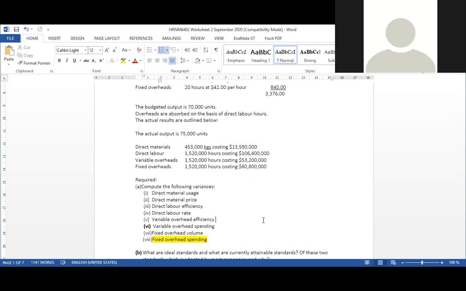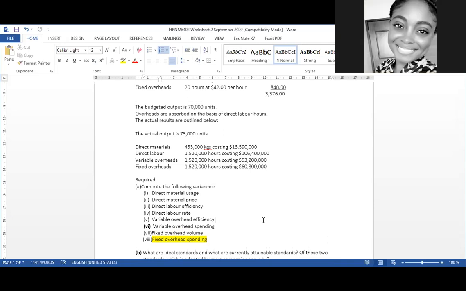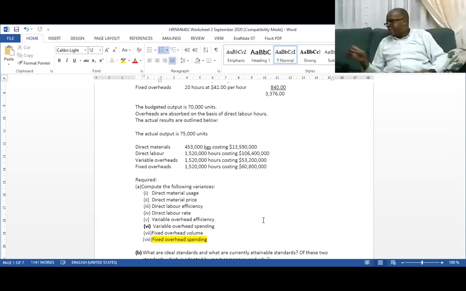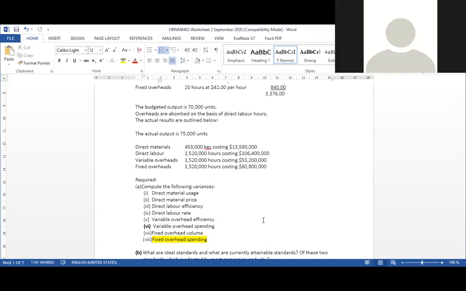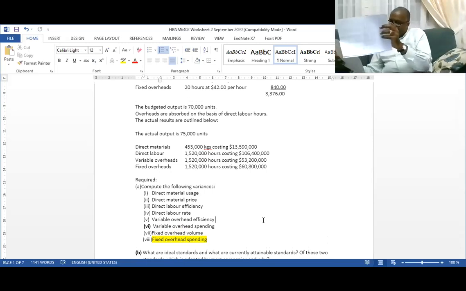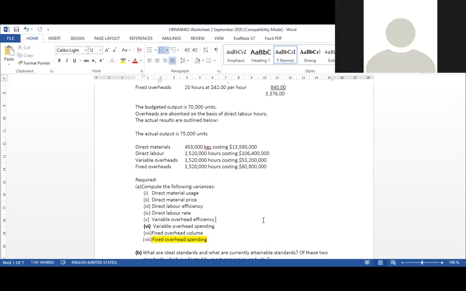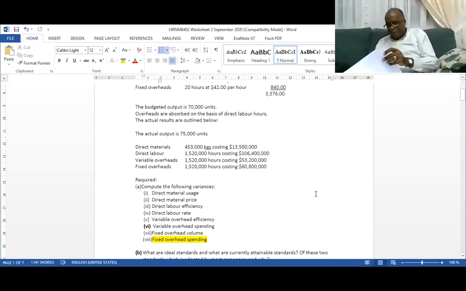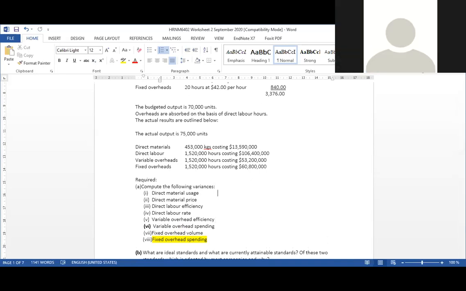You didn't give it to us. So we have the fixed overhead spending variance from the previous problem. That's what you're saying? Yes, sir. So why did you sit so quietly and have me go on to look at another problem and that one wasn't working? I thought you were waiting for us to reach here because you said it was for homework. Okay, okay. And you would have researched it, right? Yes, sir. Okay.